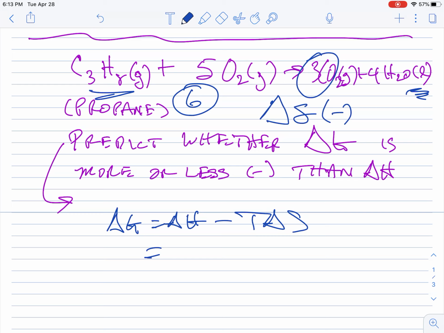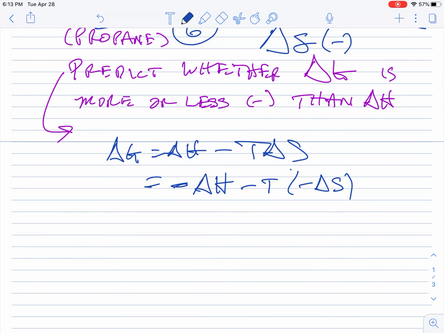Number one, since we used this to cook with, it's an exothermic reaction. So I know I'm going to have a negative delta H, minus T. Now, I know my delta S is going to be a negative number, because I'm going from 6 moles down to 3 moles. So if you look at what's going to happen then, I'm going to have this negative delta H.